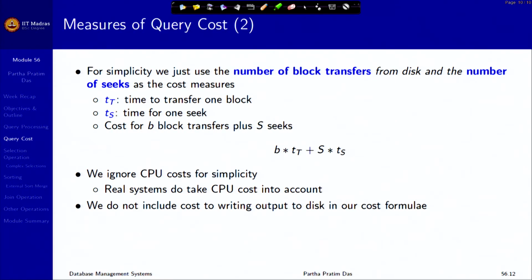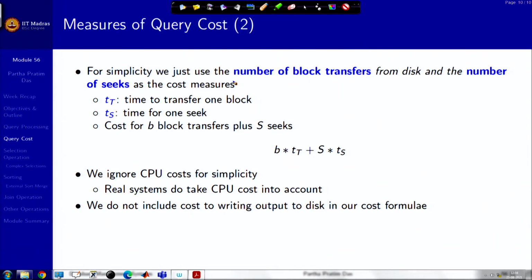If we simplify this further, not really looking into the read and write time, every read or write involves a block transfer between the disk and the system. So, we take just two parameters: the number of block transfers and the number of seeks, because a seek usually takes a high time.